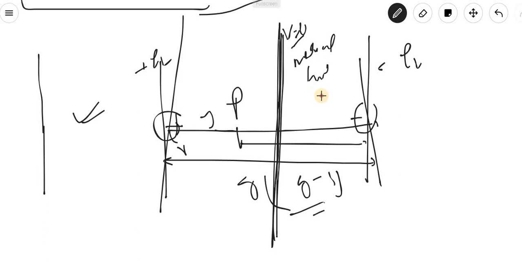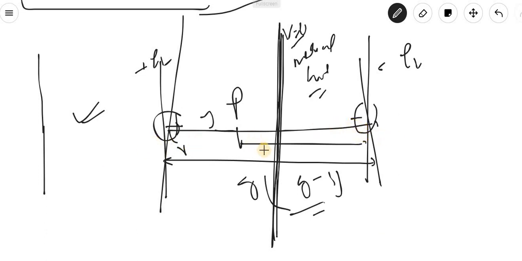This is the concept about the single phase capacitance.